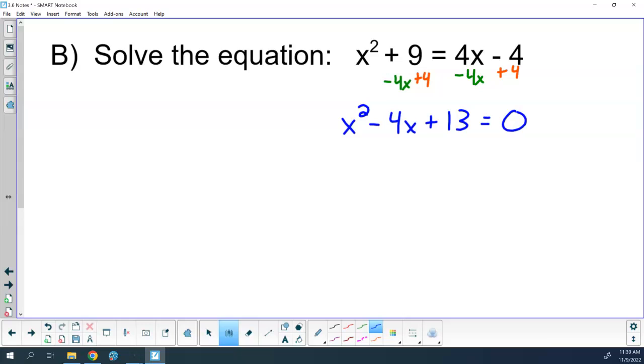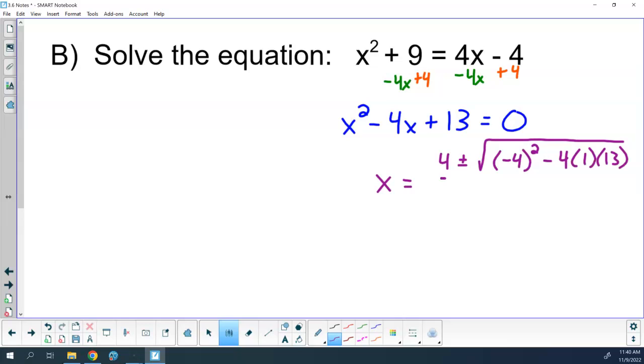Quadratic formula. So the quadratic formula says that x here is going to be equal to the opposite of b, which is positive 4, plus or minus the square root of b squared minus 4 times a times c, all over 2 times a.